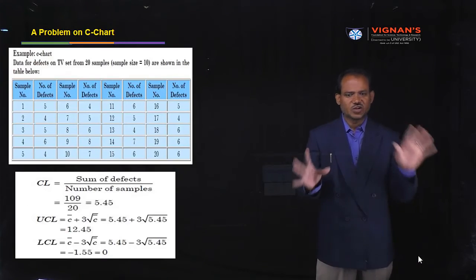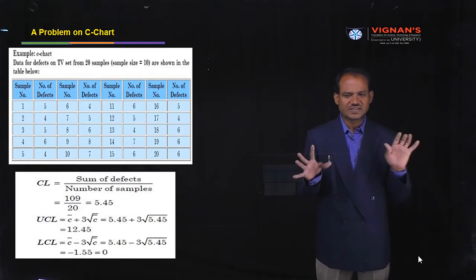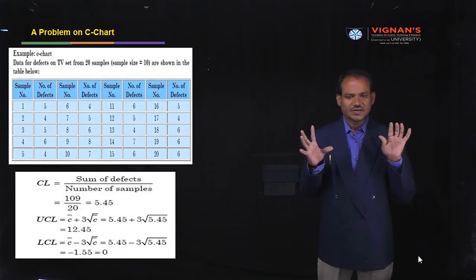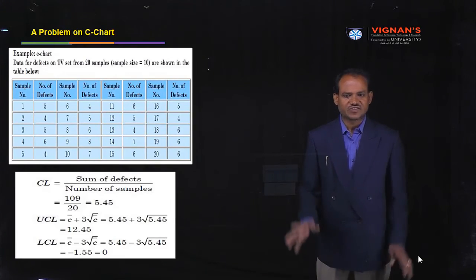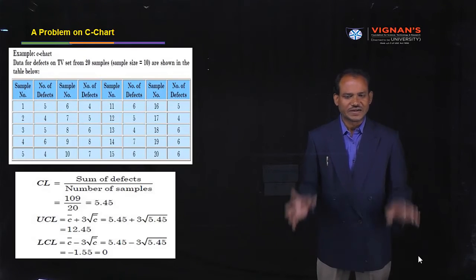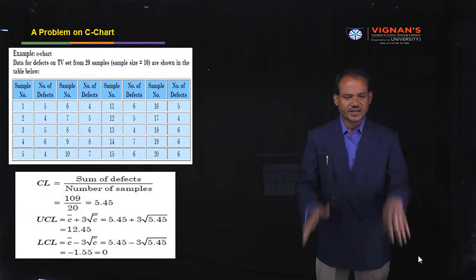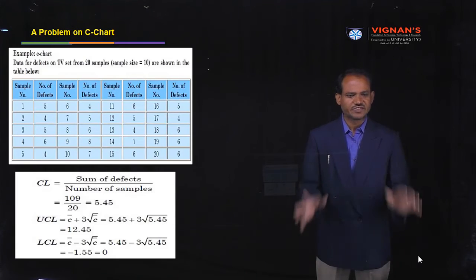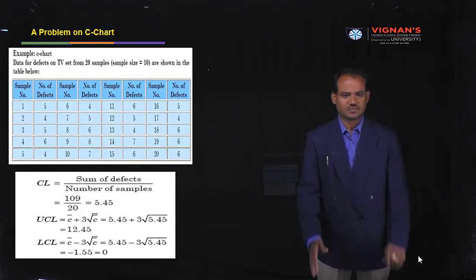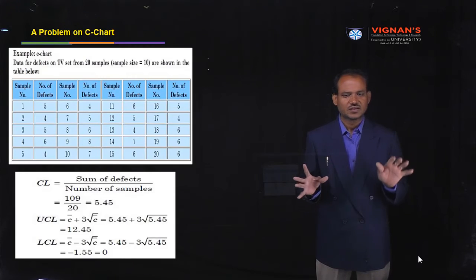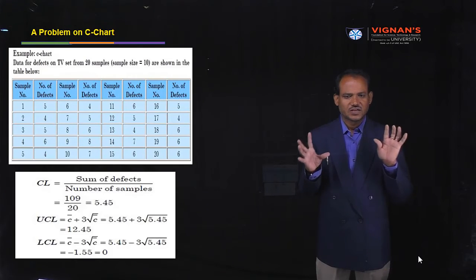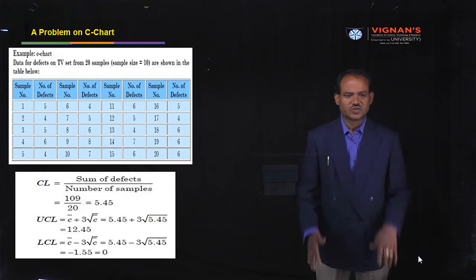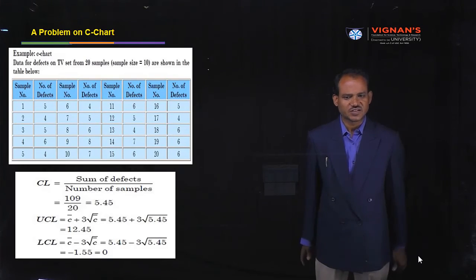In this slide, you are observing a problem on C chart. So the data is given for defects on TV set from 20 samples. Sample size is 10. Are shown in the table below. TV set means only one item. Number of defects are finding in the same unit. Therefore, which type of chart is suitable?